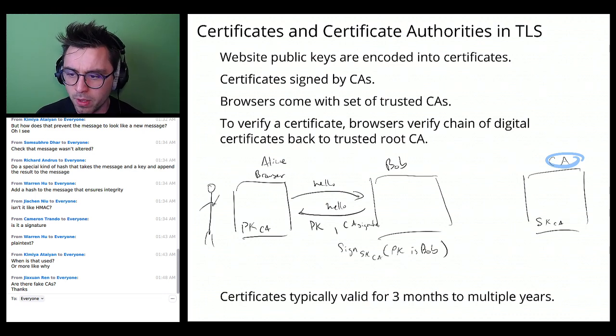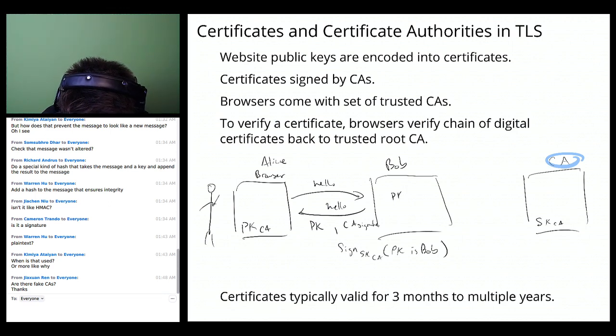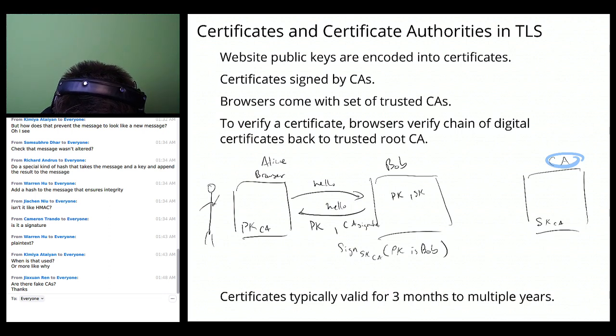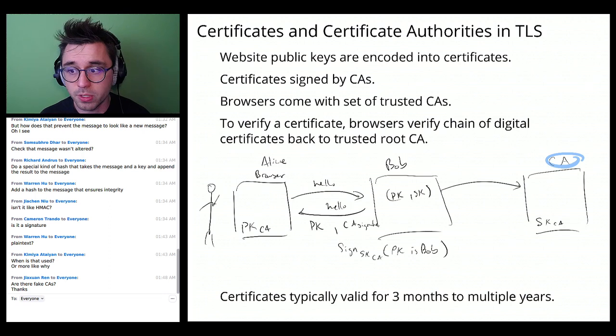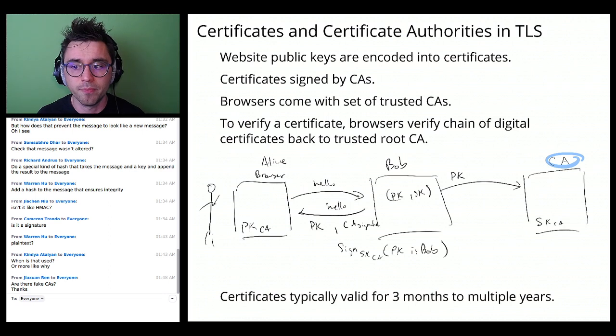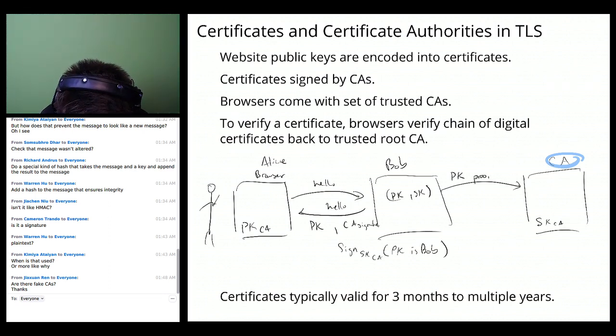So it's the signature from the CA saying Bob actually owns public key PK, which means that internally Bob actually has this public key. So indeed, before this communication with Alice could have even happened, Bob, to start up his server, actually generated a public secret key pair, and then got a certificate from the certificate authority, where Bob was basically saying, hey, here is my public key, and here's proof that I am Bob, right?